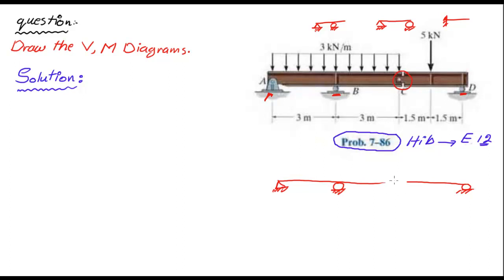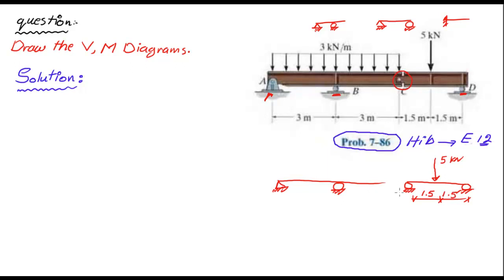Something funny goes here. Here's how you can solve this problem. You can trace another roller here and start doing this part of the problem. We have 5 kilonewtons, and this length is 3, or it's divided into 1.5 and 1.5 meters.